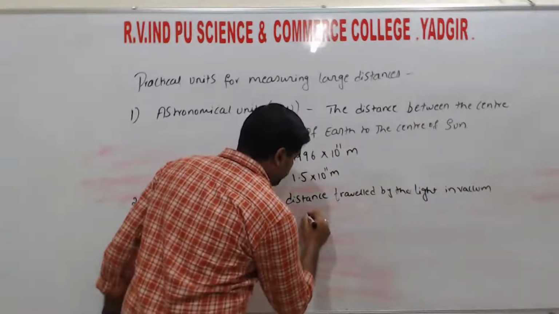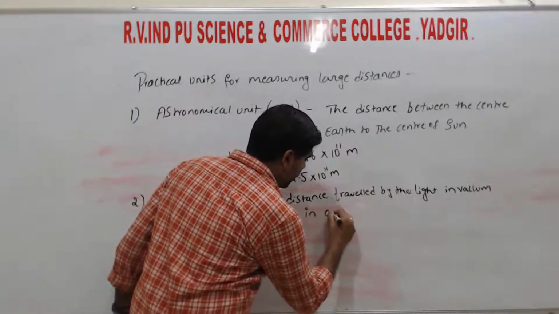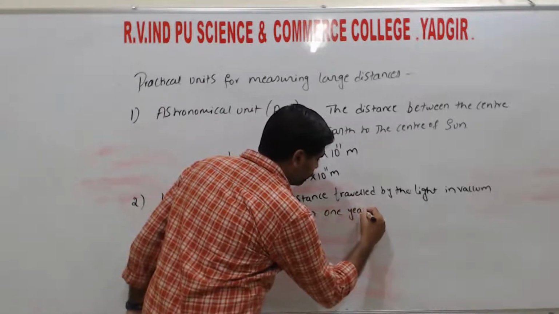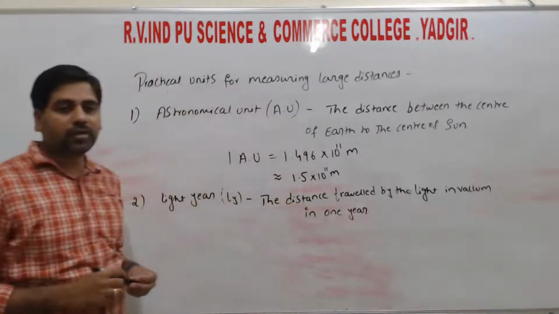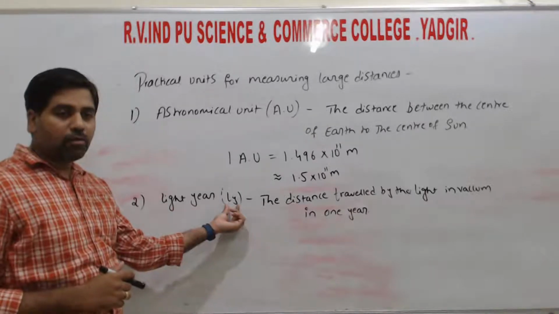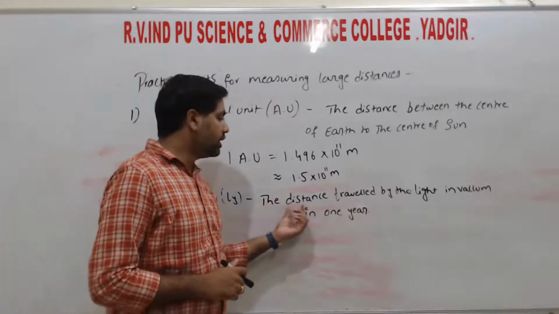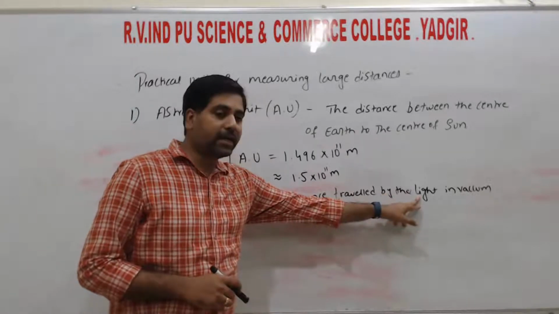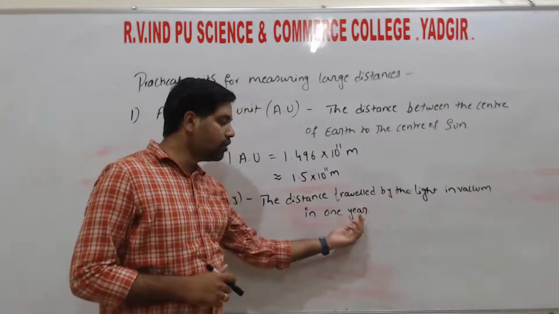So this is the definition of the light year, denoted by the symbol Ly. So light year is the distance traveled by light in vacuum in 1 year.